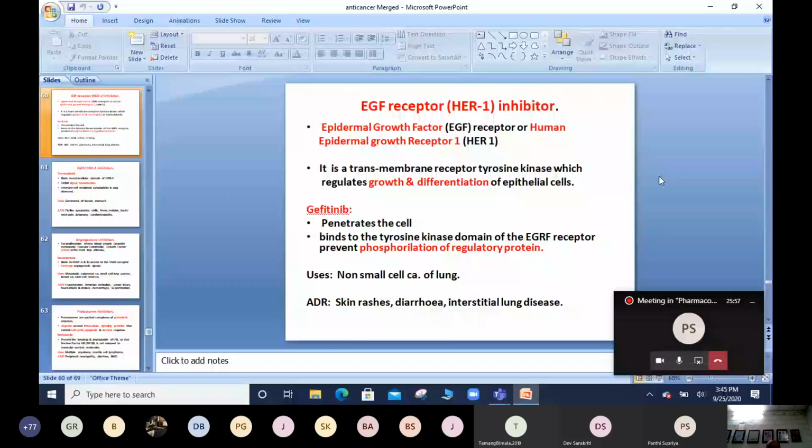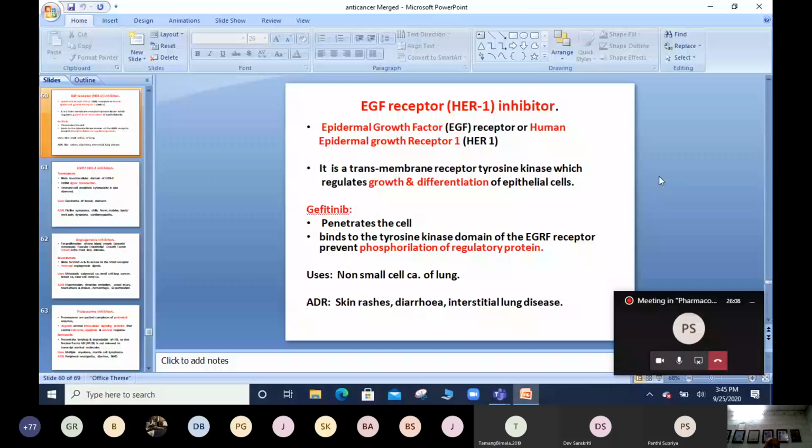What is the type of receptor? Again, a tyrosine protein kinase receptor. Its function is to regulate growth and differentiation of epithelial cells. So this is the overall mechanism of action of the EGF receptor inhibitor.